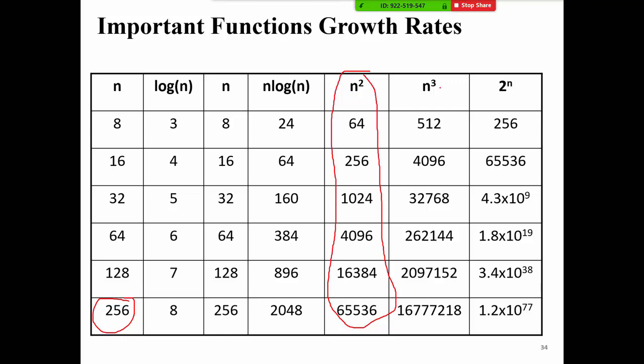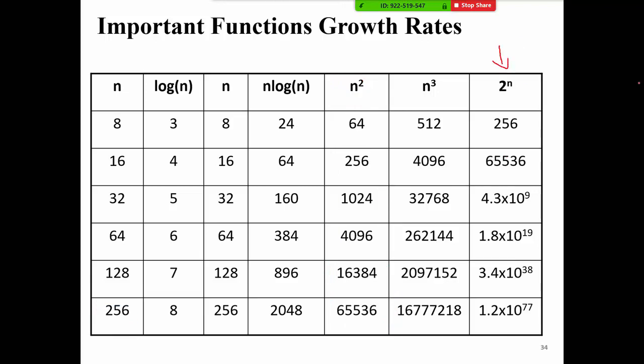And look at n cubed, it's very worse. For 256 elements, you need around, I believe, 16 million units of time. This is the exponent. The exponent is one of the worst algorithms.